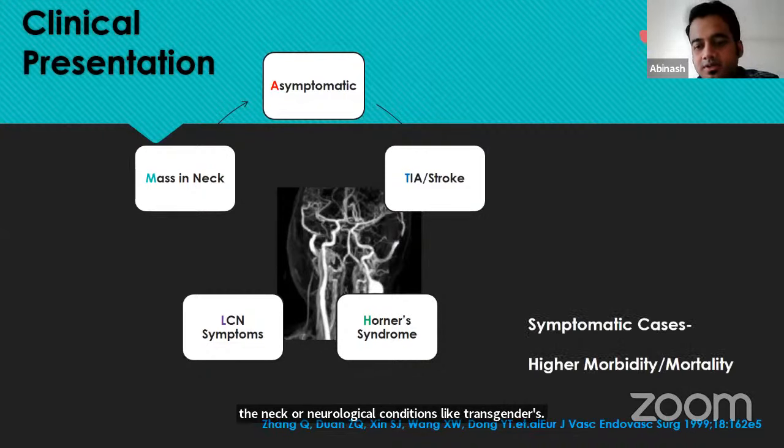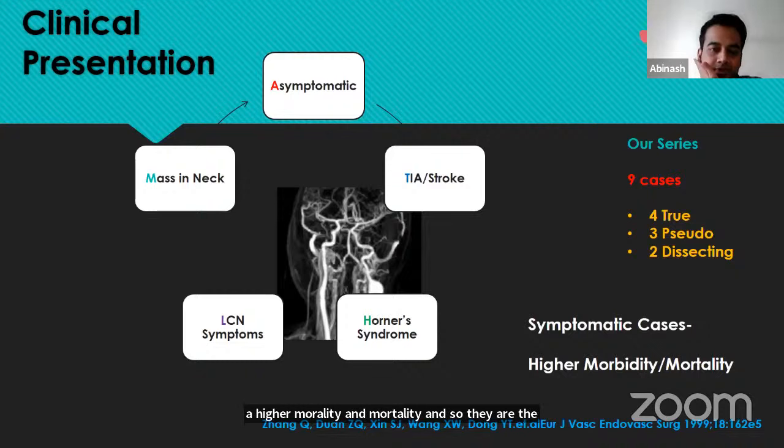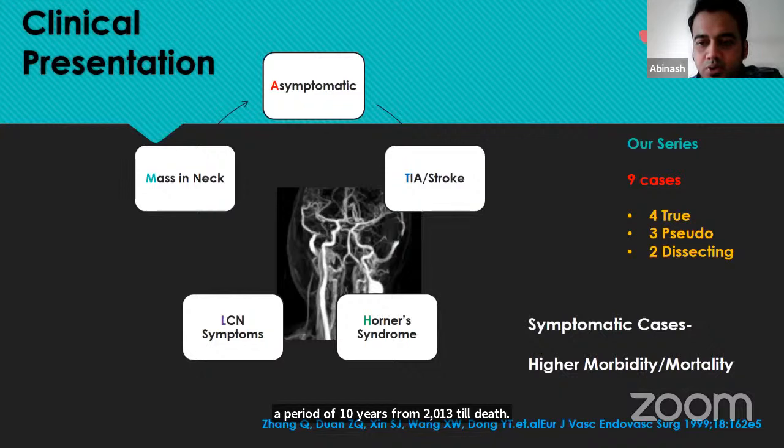The symptomatic cases always carry a higher morbidity and mortality, and so they warrant urgent intervention. In our series, I will present a total of 9 cases spanning a period of 10 years from 2013 till date. Four of these aneurysms are true aneurysms, 3 are pseudoaneurysms, and 2 are dissecting aneurysms.